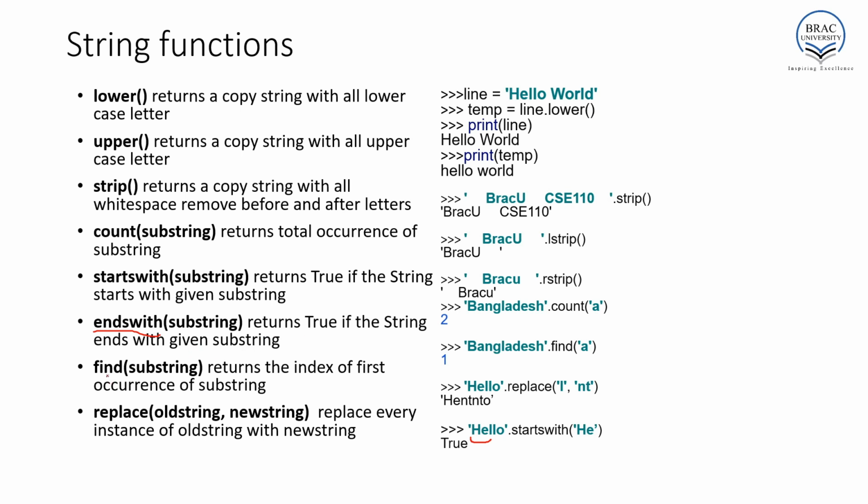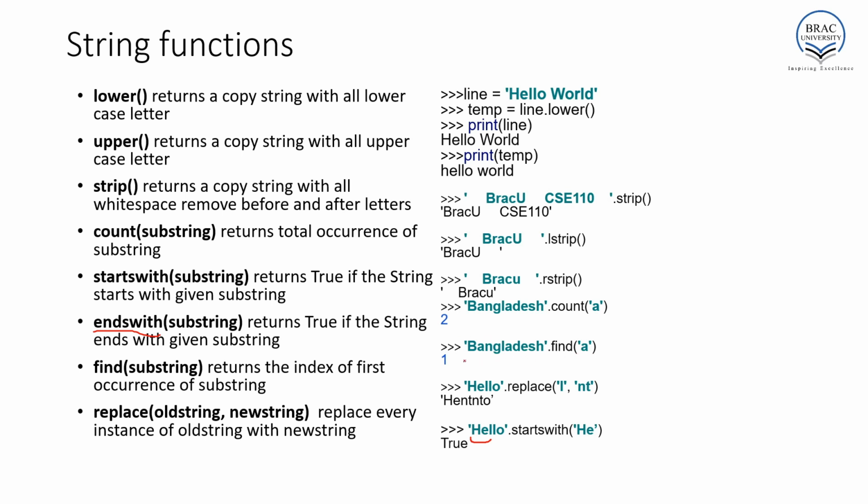In the find function, again we give a substring as an argument. This find function returns the index of the first occurrence of a substring. In this Bangladesh string, I am invoking the find function. So Bangladesh dot find and then apostrophe a. My machine will find the first occurrence of a in this string.